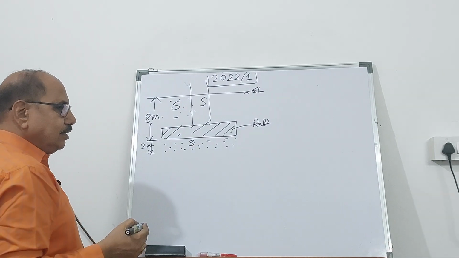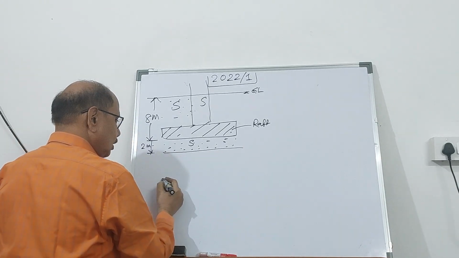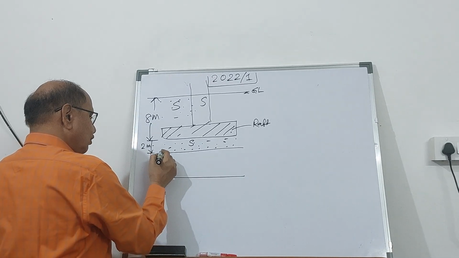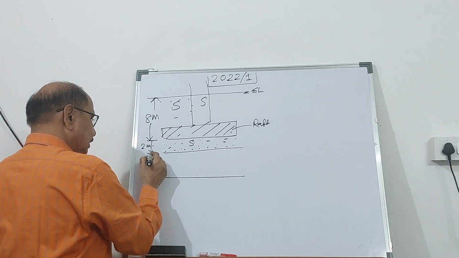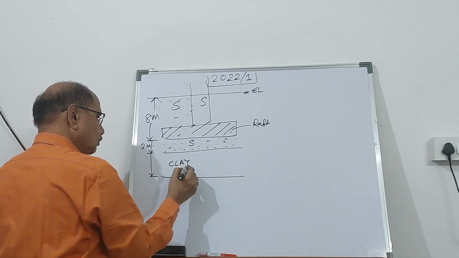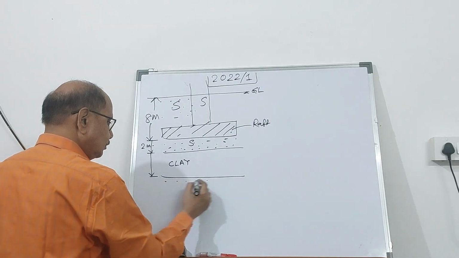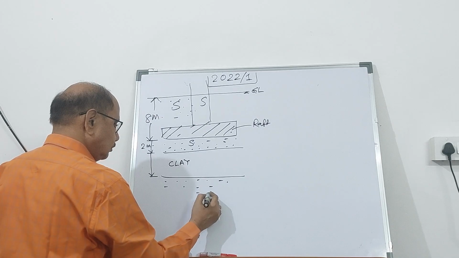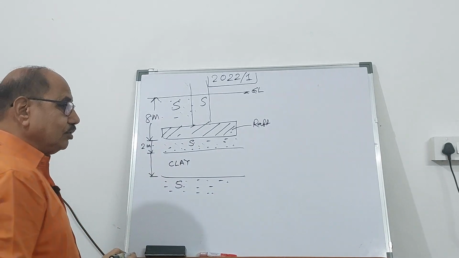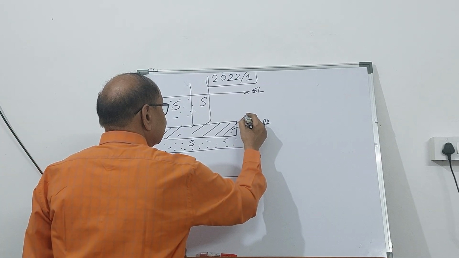and then followed by you have clay layer. So now you have got clay layer. So from here up to here, this is the clay layer, followed by again sand. And the dimension of the raft is 30 meter by 25 meter.